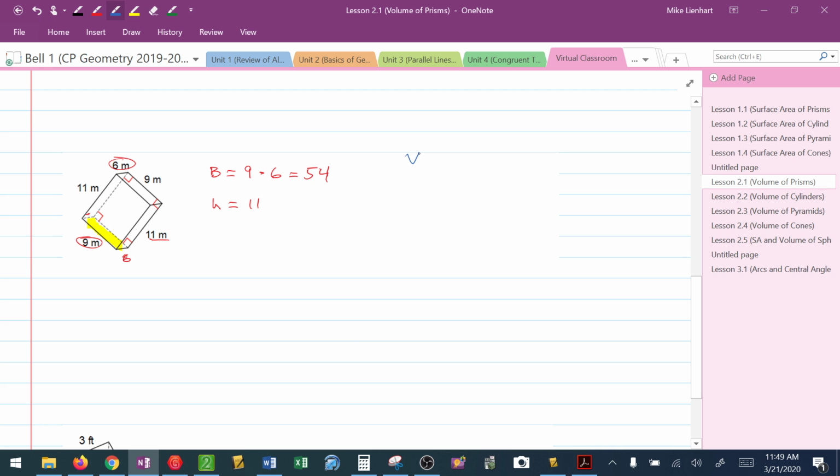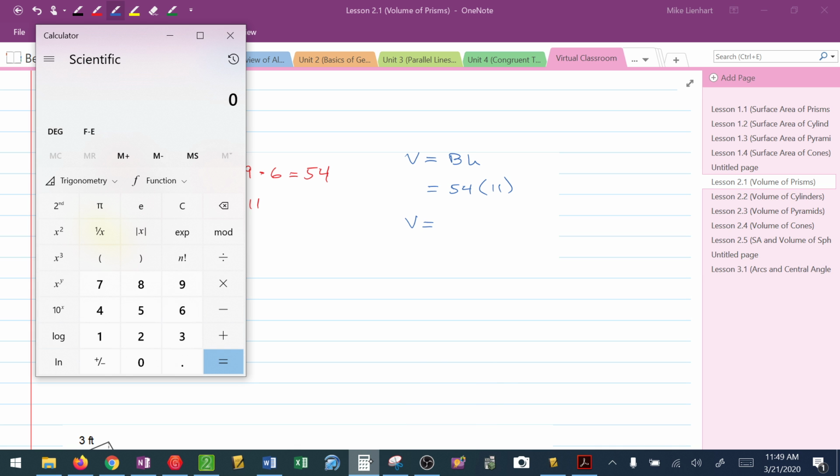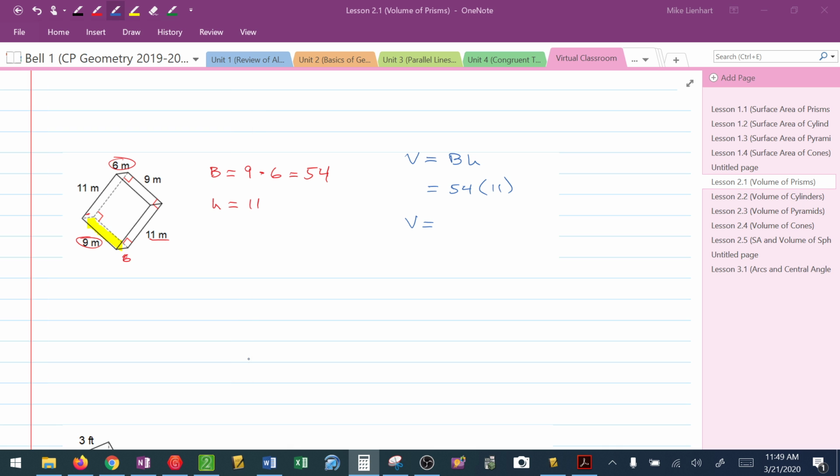I then write down the formula, V equals big BH. I know that big B is 54. I know that H is 11. And now I'm going to use my handy-dandy calculator to help me out. 54 times 11, which would be 594. And the units are going to be cubic meters, or meters cubed.